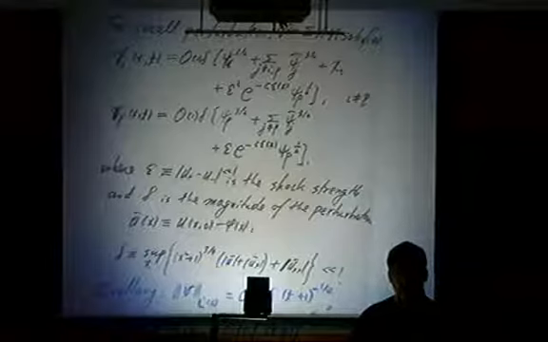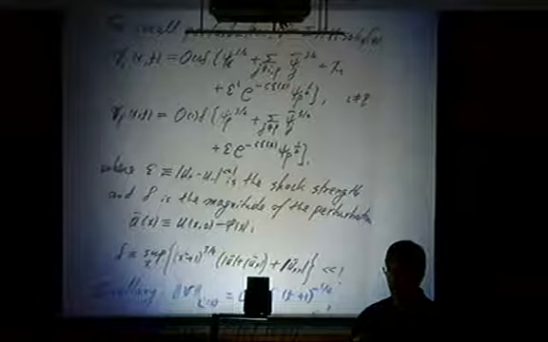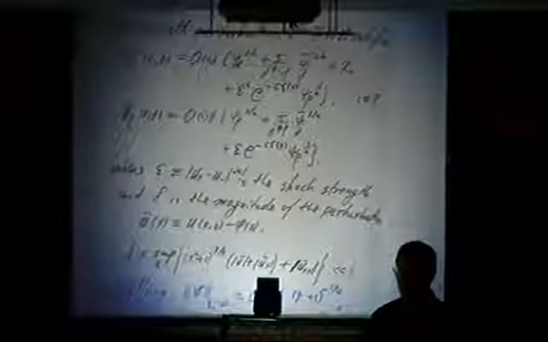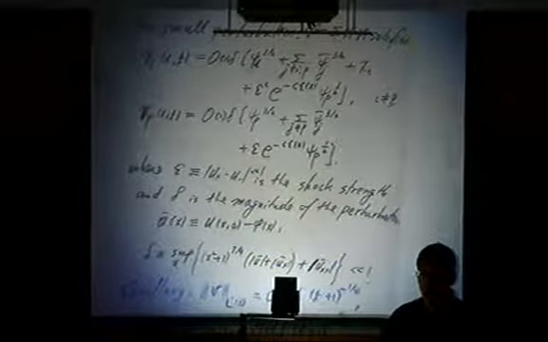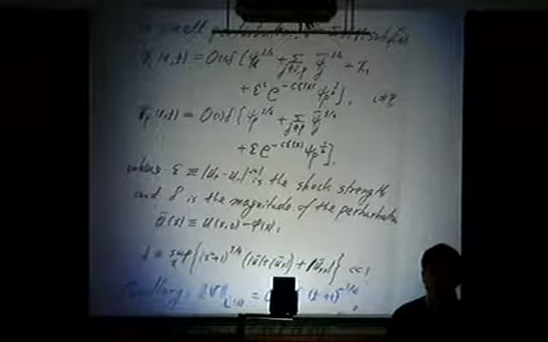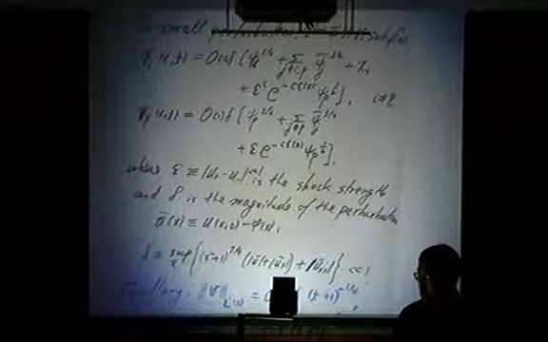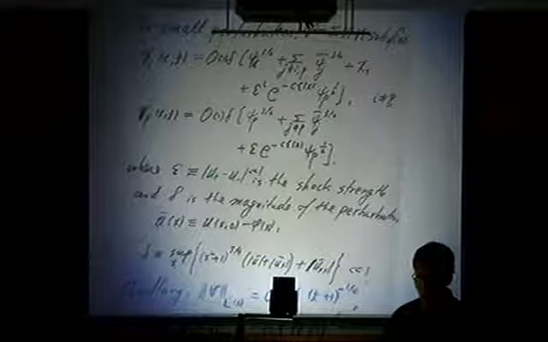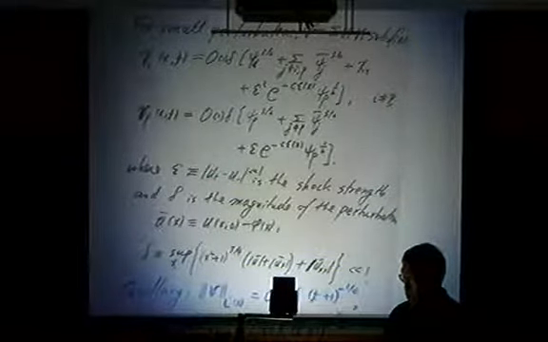Some just stay in the shock because the shock is compressive. That's what makes it dissipative. But some will be transmitted, some will be reflected. And all this coupling effect gives rise to something like this.